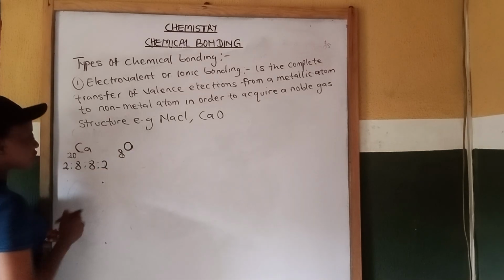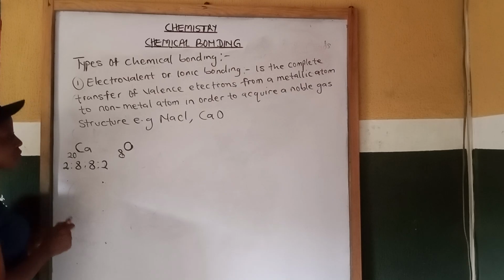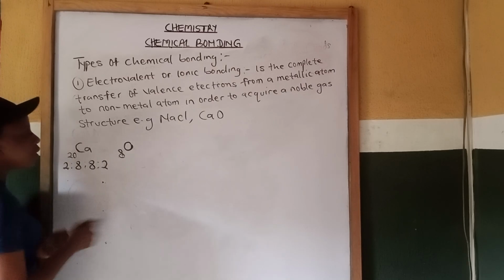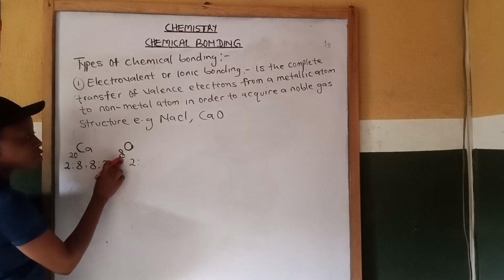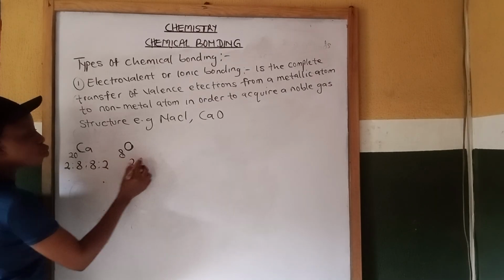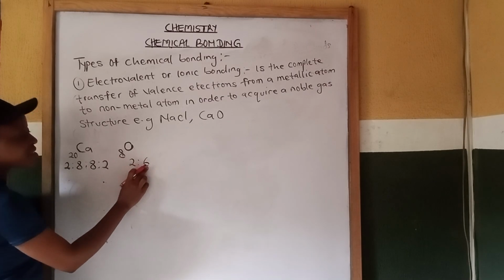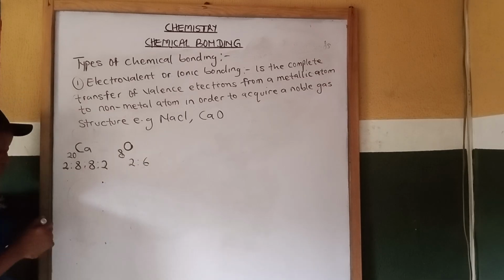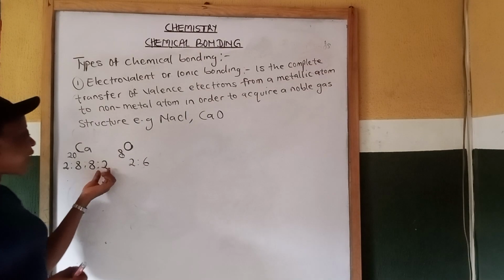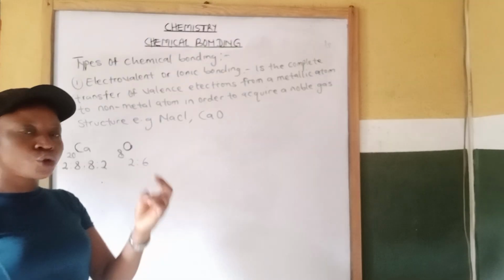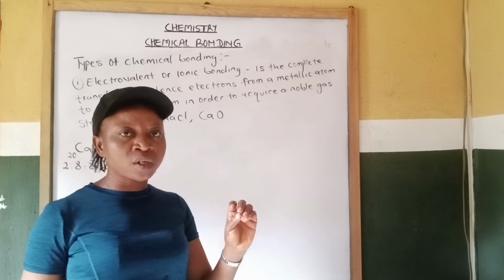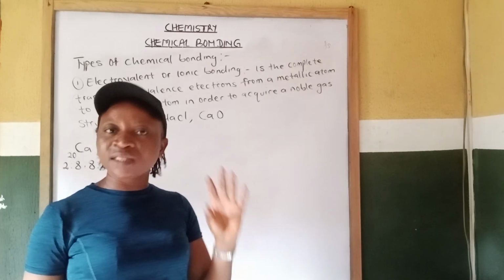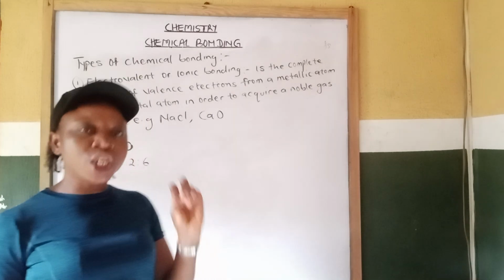So for that of oxygen, out of 8 electrons, the first shell will carry 2. So 8 minus 2 will give me 6. So the last shell will carry 6 electrons. This is the valence electron. Now, like I said, those elements with 1, 2, and 3 valence electrons are metallic atoms, except hydrogen and helium.